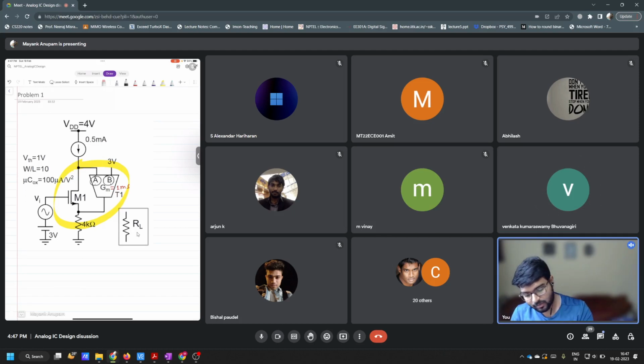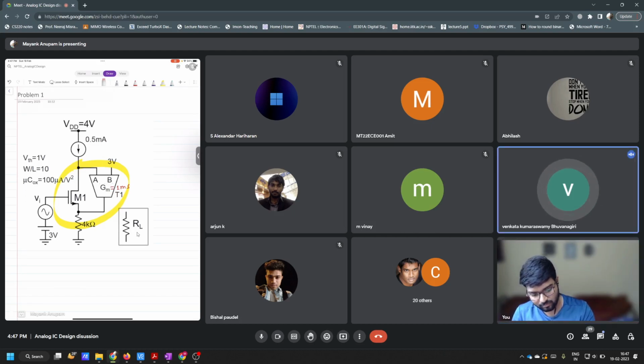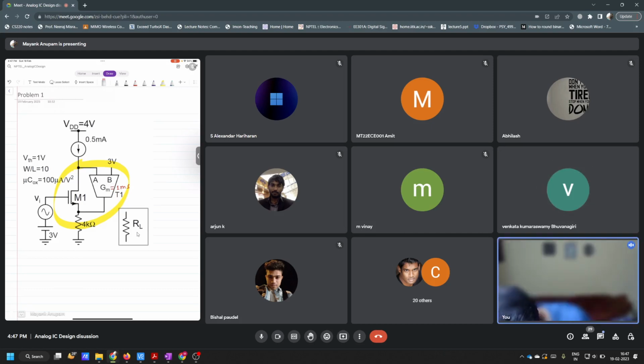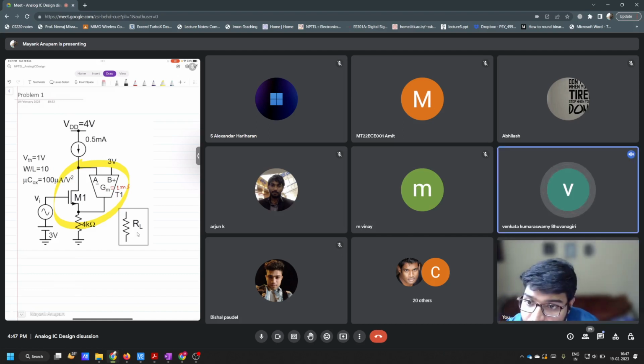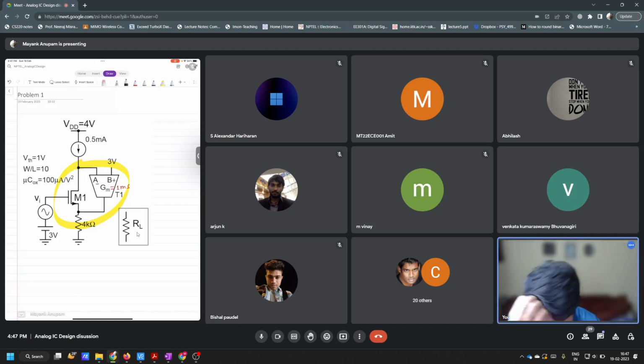How did you come up with that? The op amp should always be placed in negative feedback. Correct. So you said B should be plus and A should be minus. Anybody else who would like to add something to this point?